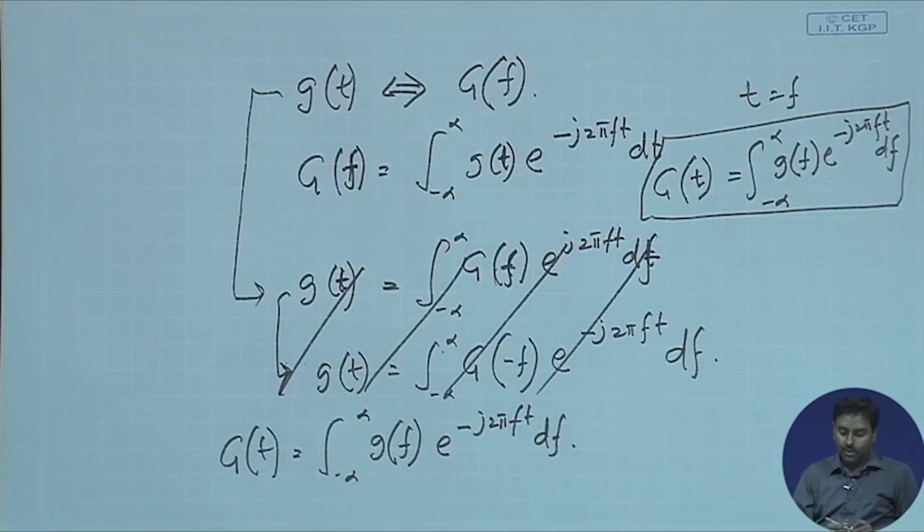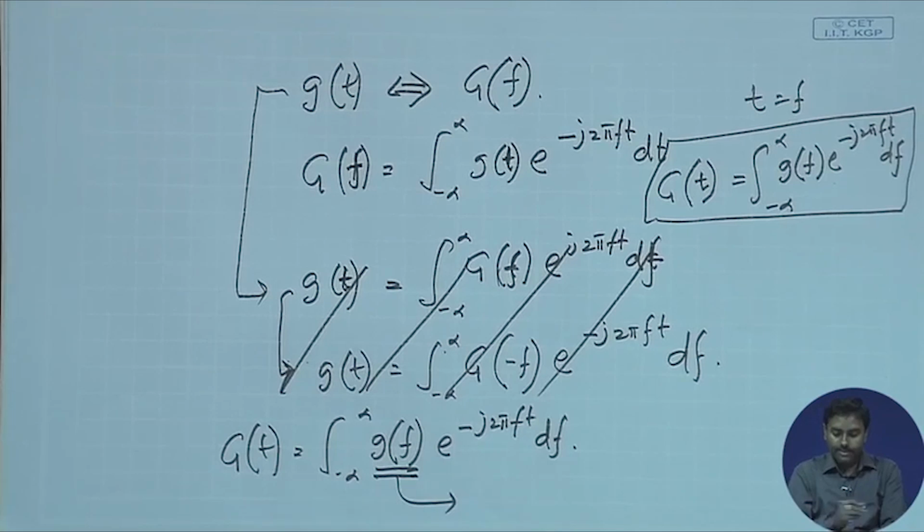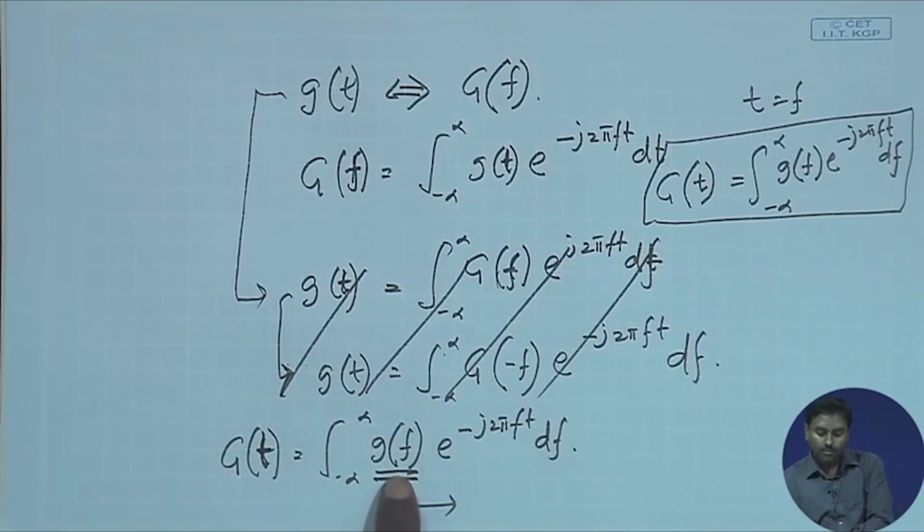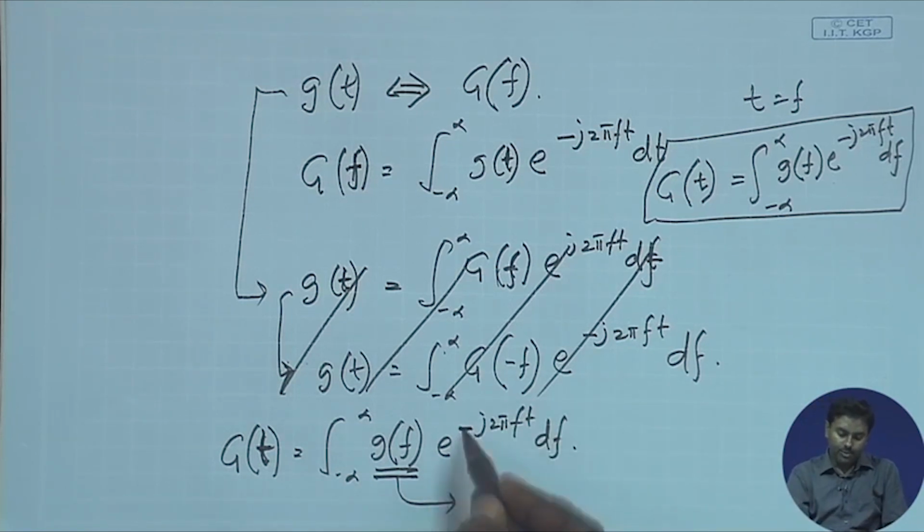Now, you can see that if I have this as the frequency domain, this becomes t, right. So, this is almost becoming the inverse Fourier transform, but I only have one problem. There is a minus over here, and the inverse Fourier transform has a plus.